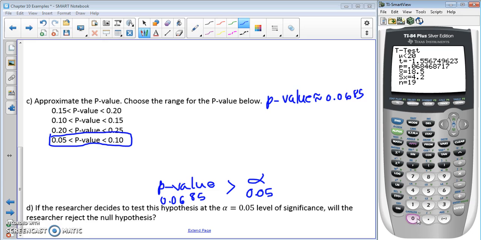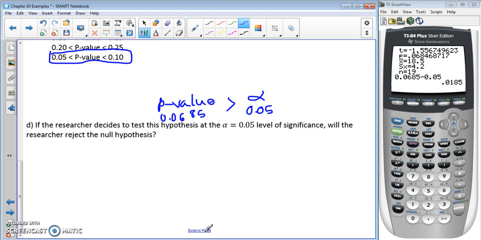So again, if you're not sure, do your p-value minus alpha. If you get a positive value, the p-value is greater than alpha. So the p-value is greater than alpha. We do not reject the null hypothesis, and it doesn't fall in the critical region here.